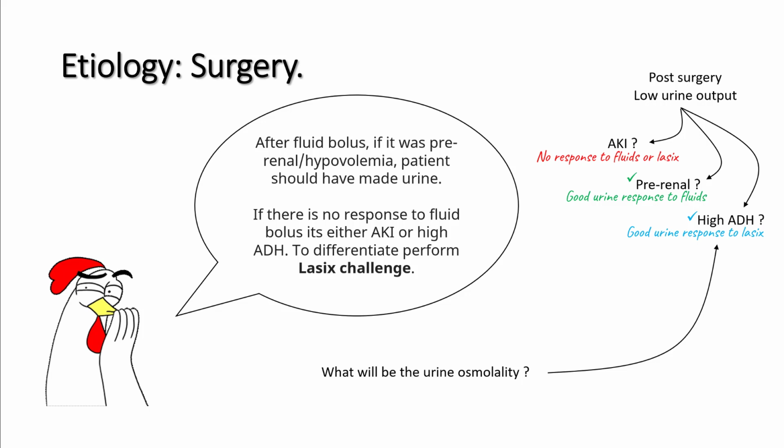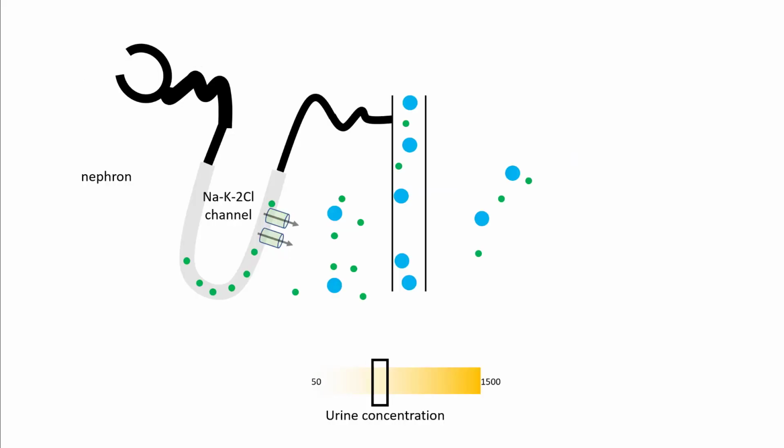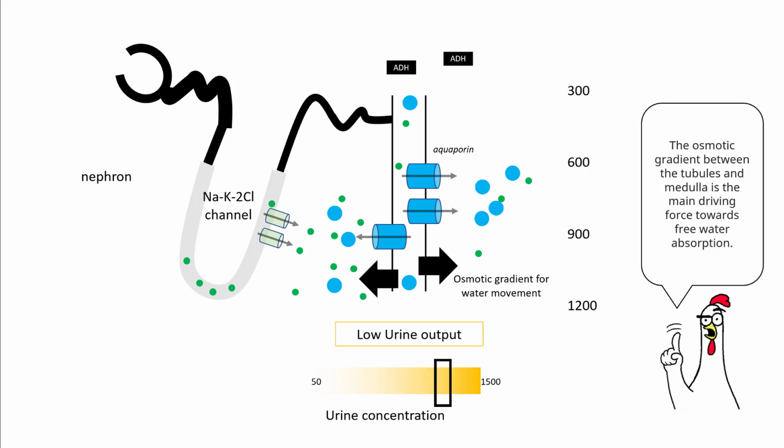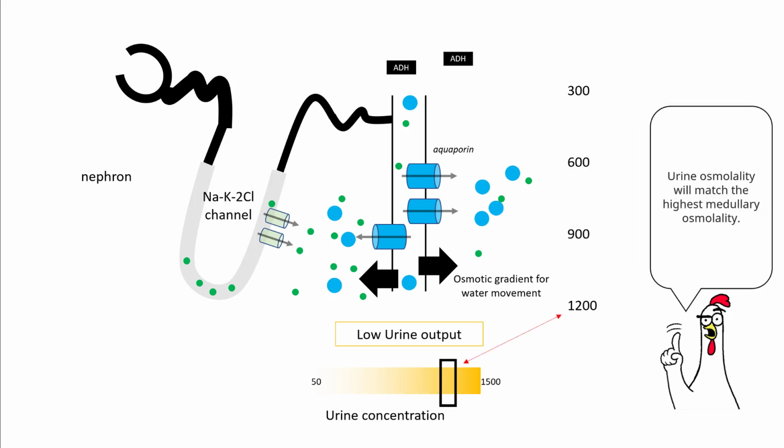So let's see how Lasix results in a good urinary response in high ADH states. If you remember, there is a sodium-potassium-2-chloride channel in the ascending loop of Henle, which results in extrusion of sodium from tubules to the interstitium, and this results in the osmotic gradient in the medulla. In the presence of ADH, there will be aquaporin channels in the post-surgical state, which will result in free water absorption, resulting in production of highly concentrated urine and low urine output.